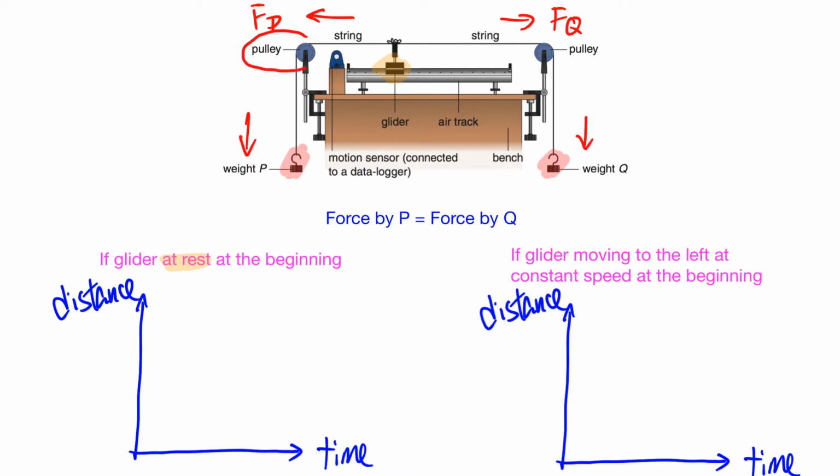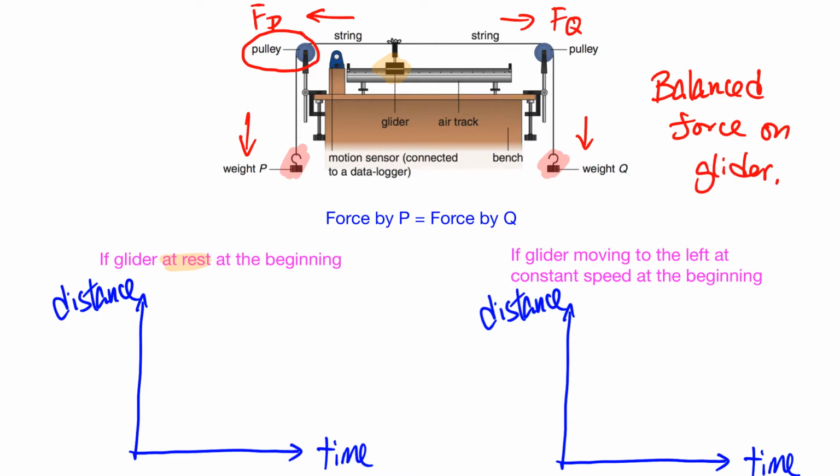Because we have a pulley here. A pulley can convert the direction of the force, changing its direction. So if force P equals force Q, we have a balanced force acting on the glider.